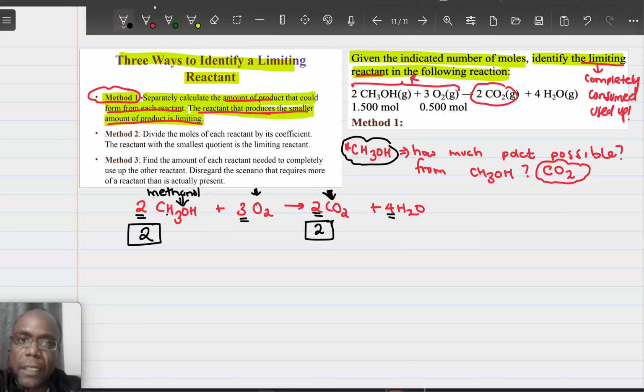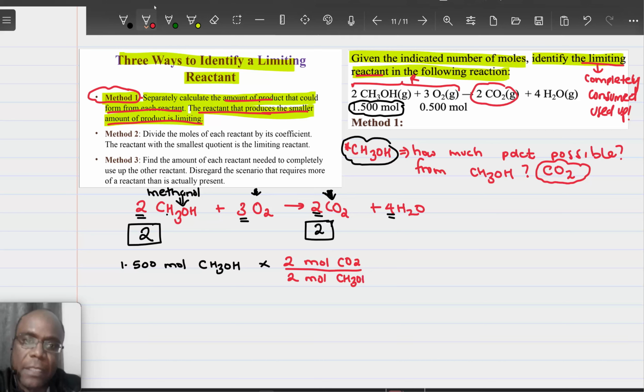So I'm given in the problem that the reaction is happening with 1.5 moles of methanol, but I really want to find the yield of CO2. So I'm going to go to moles of CO2. For every 2 moles of CO2, I must have reacted 2 moles of methanol.